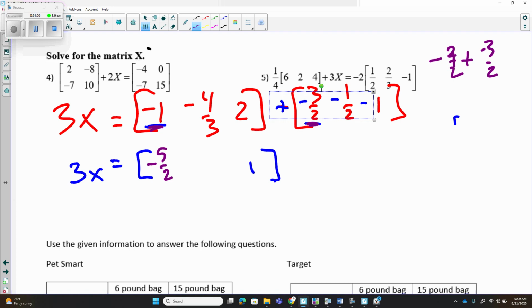Then we have, and I'm going to scratch this one off to the side as well, because I do have some fractions here. I have -4 over 3 plus a -1/2. How would I add these fractions together? Yes, right. I wouldn't multiply by 6. I need to make the common denominator.